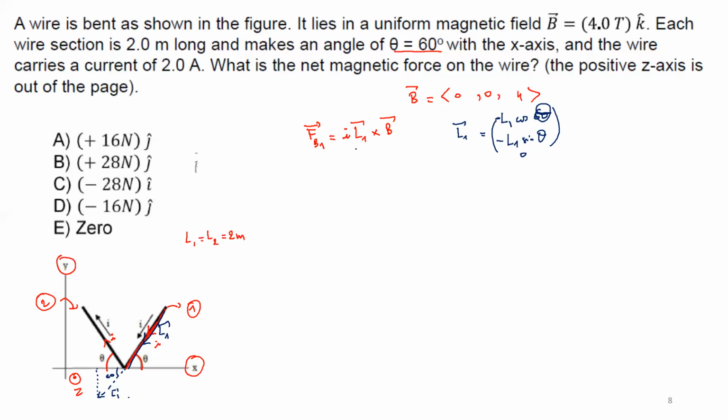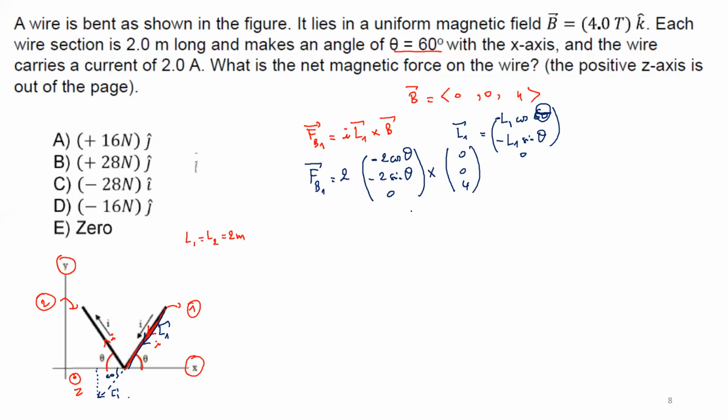Okay. So let's calculate our FB1. FB1 is the current, which is 2, times L1. I know the components: minus 2 cosine theta, minus 2 sine theta, and 0. Now this cross B, so B is 0, 0, 4.